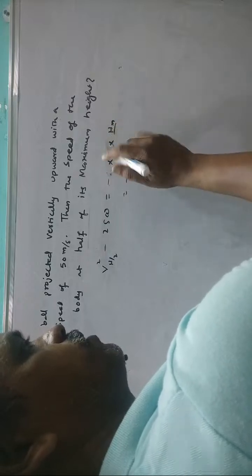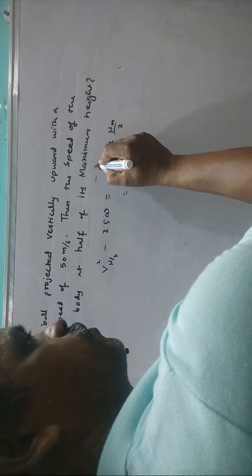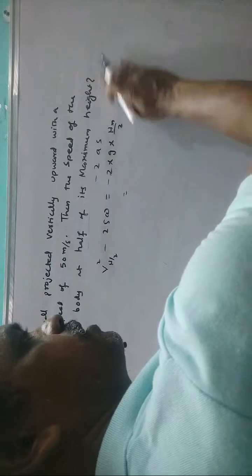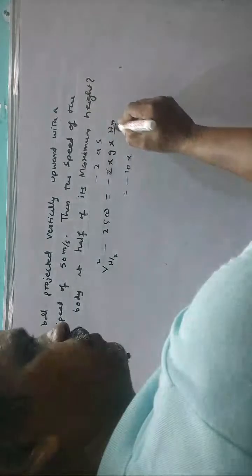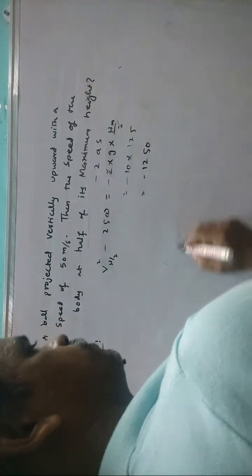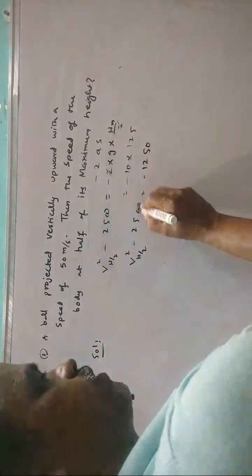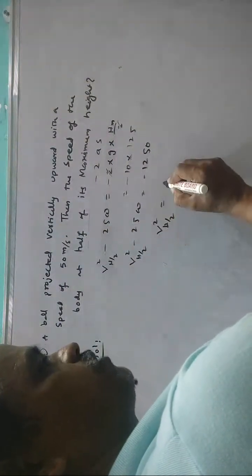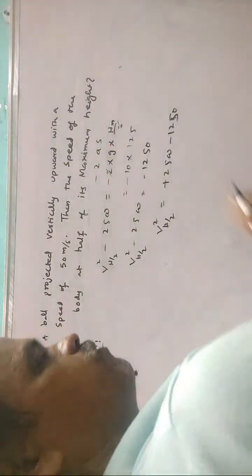The 2 gets cancelled, so minus 10 into h maximum, 125, we will get minus 1250. Velocity at h maximum by 2 square equals 2500, so the velocity at half of the maximum height is 2500 minus 1250.